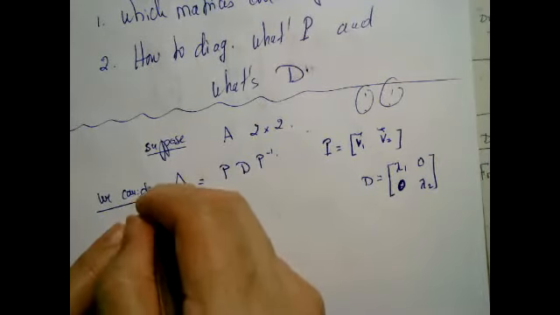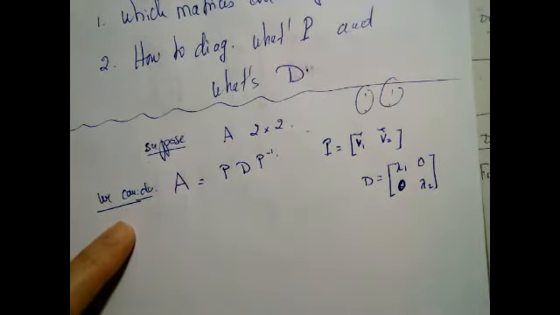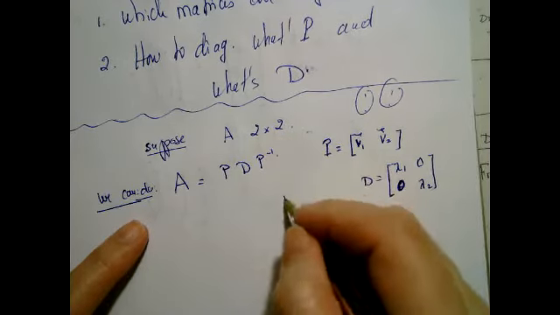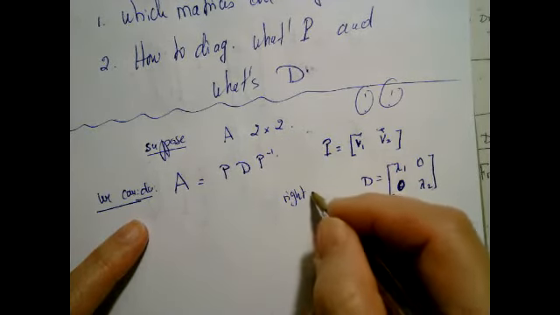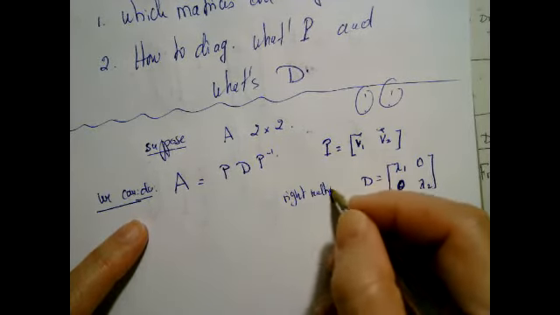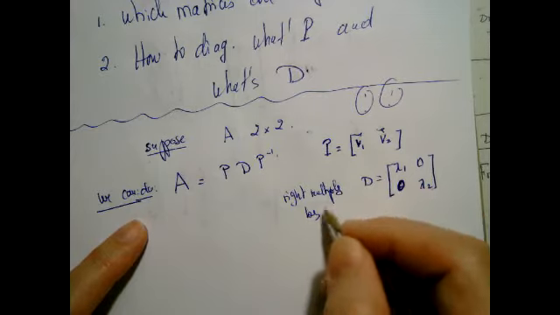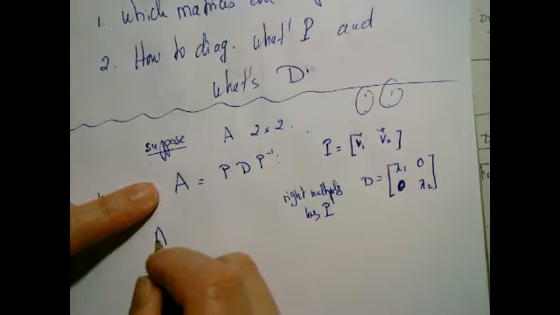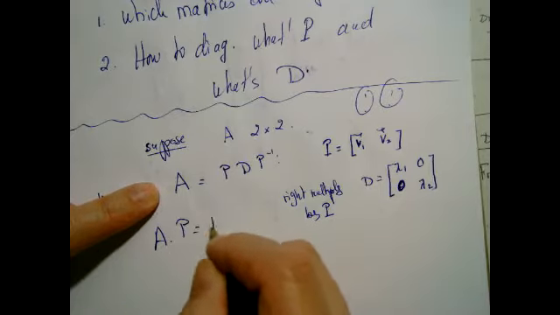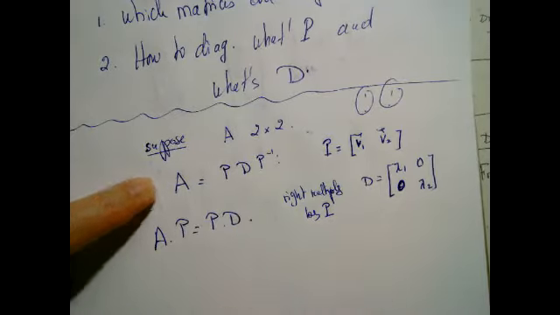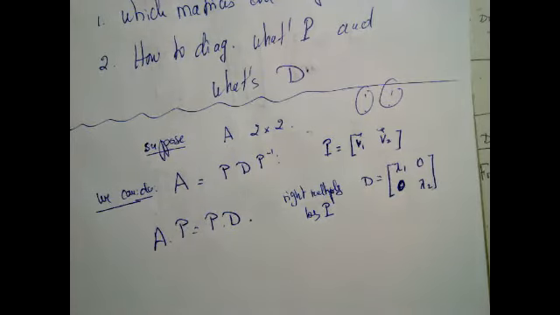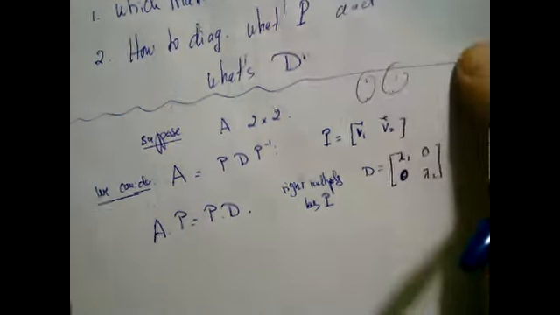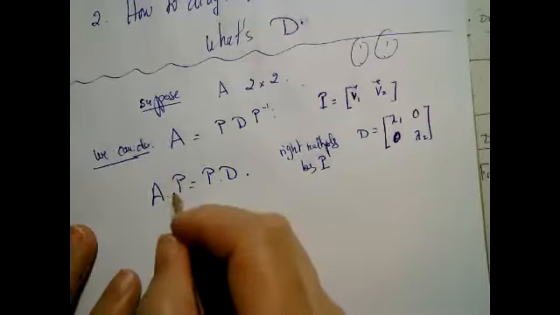So suppose we can do that. A equals P D P inverse, and I'm going to multiply by P. If I multiply by P, I will get A times P equals P times D. Two more steps and we understand the whole picture. But what is P?